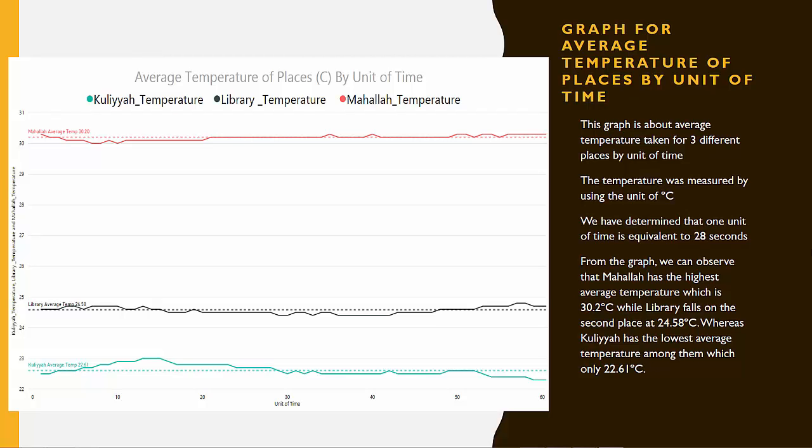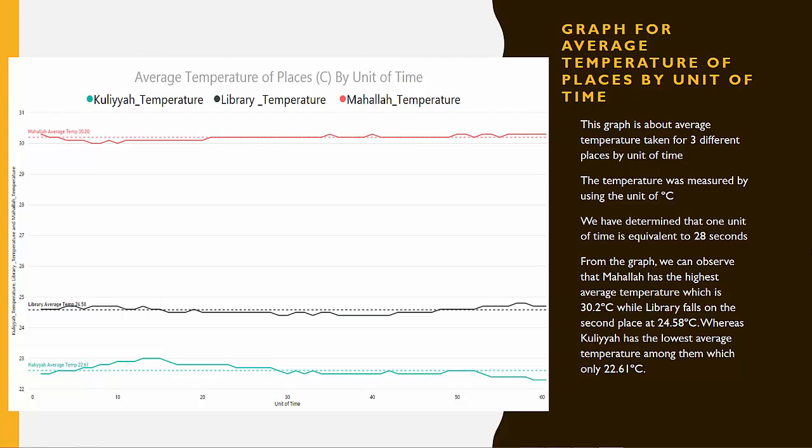For the x-axis, the unit of time, we have determined that 1 unit of time is equivalent to 28 seconds. So the total unit of time for each place is 60. If we multiply by 28 and divide by 60, we will get 28 minutes, which is approximately 30 minutes for each place.